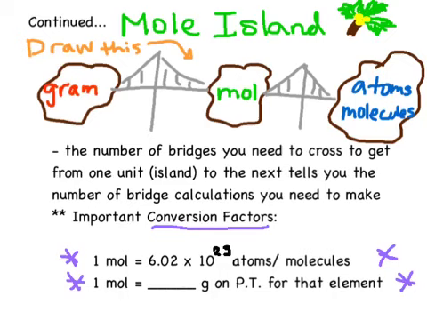However, if we're making a conversion between grams and moles, we're going to use the second one, which is 1 mole equals however many grams you see on the periodic table for that element. So this is one you're going to have to look up on your periodic table. Look on the PT. It's the decimal number on your periodic table. All right, so let's keep that in mind. And if it's still confusing, we're going to go over a couple of examples. So hopefully you guys can get it.